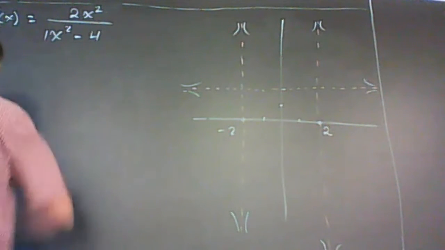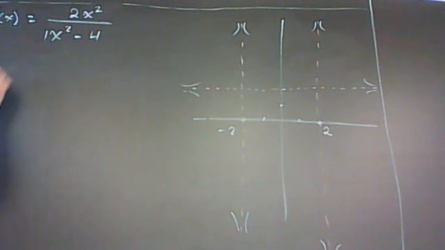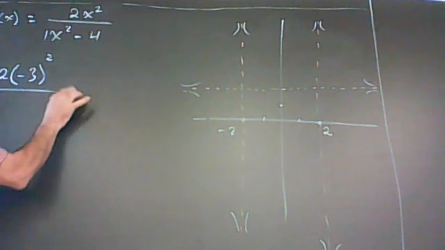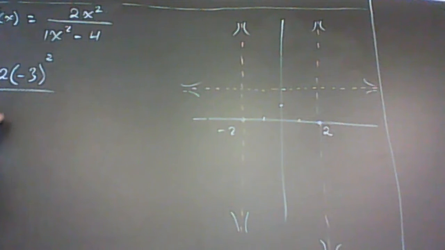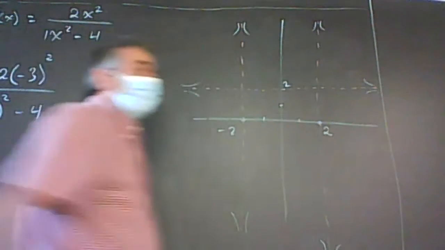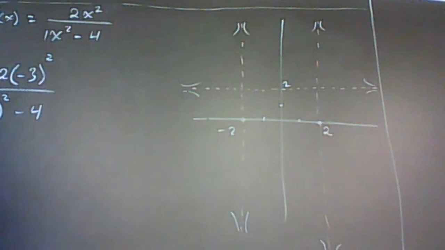So if I substitute -3 into the equation, 2 times -3 squared divided by -3 squared minus 4. This point over here is 2. Let's keep that in mind. Okay?